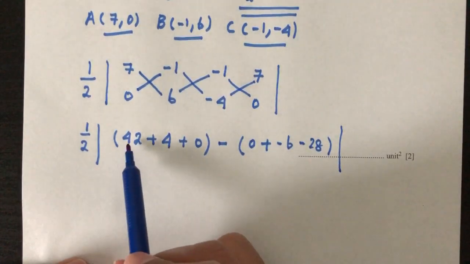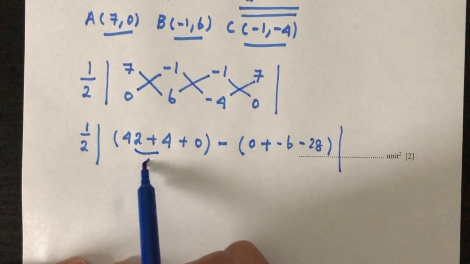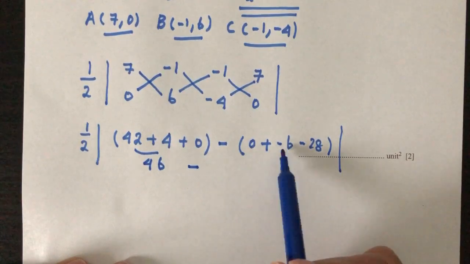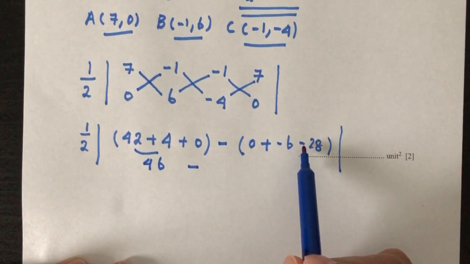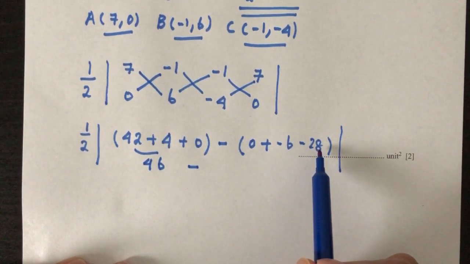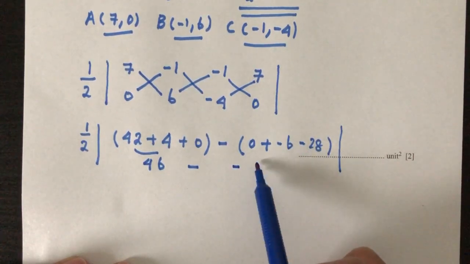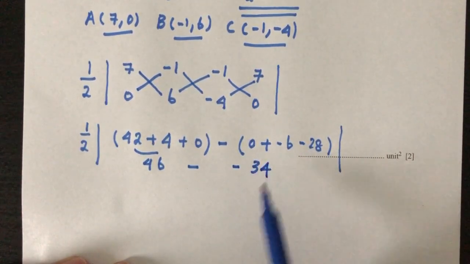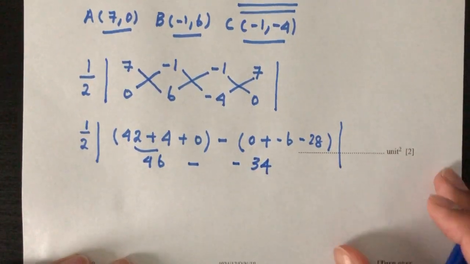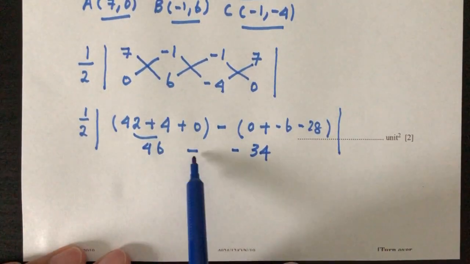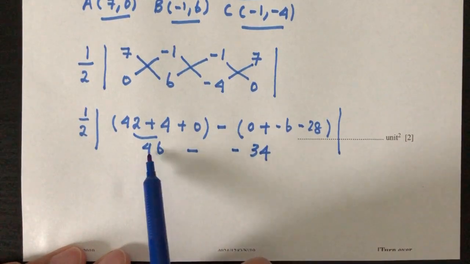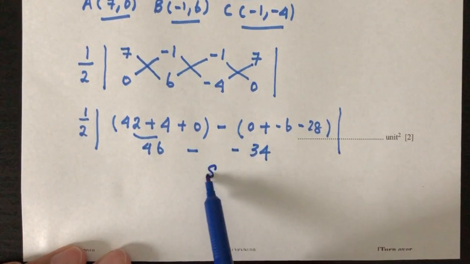Now let's solve. 42 plus 4 is 46, minus 6 minus 28, that will be minus 34 inside the modulus. Now 46 minus minus 34 becomes plus, so 46 plus 34, that will be 80.